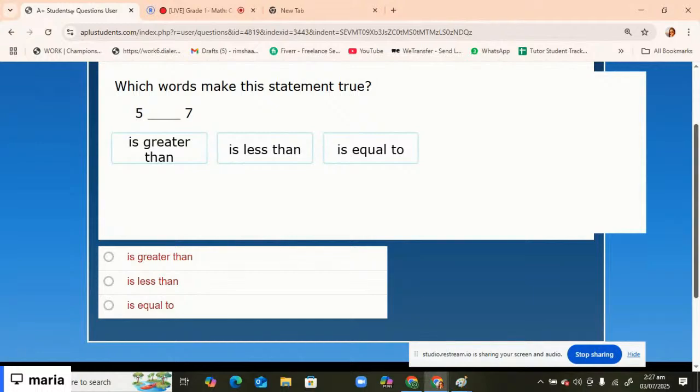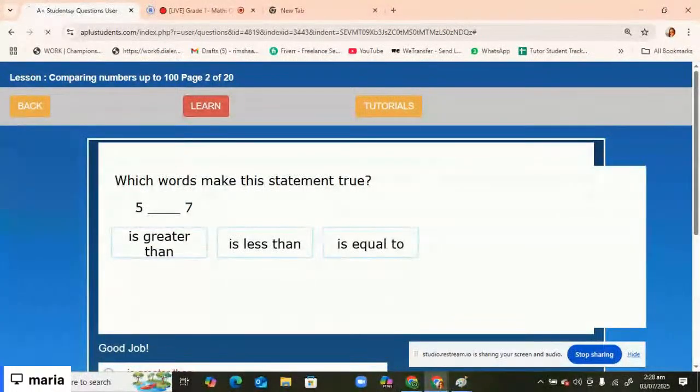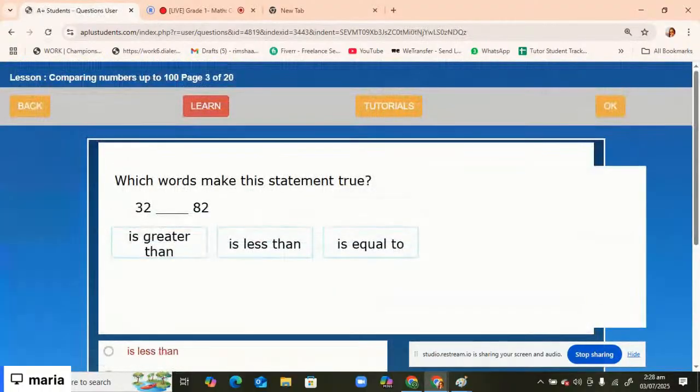Okay, very well done. This is the right answer. Okay. Now, which word makes the statement true? So this is 32 and 82.